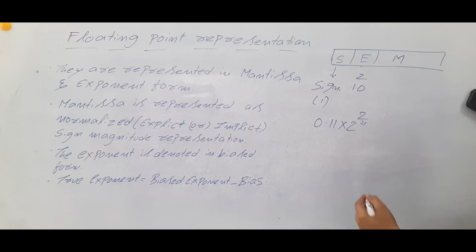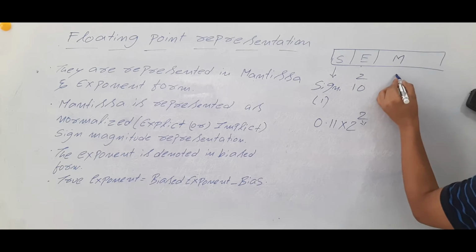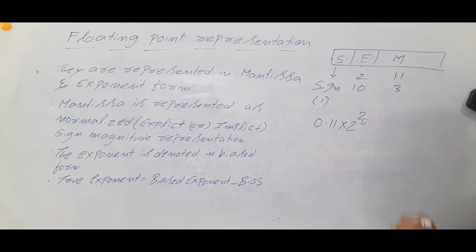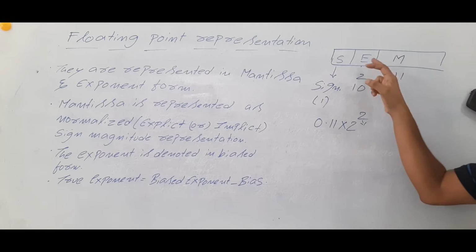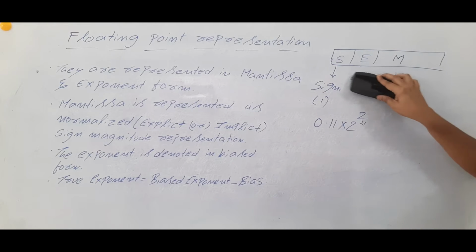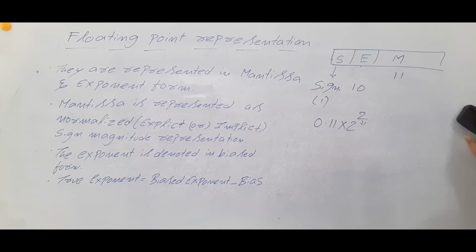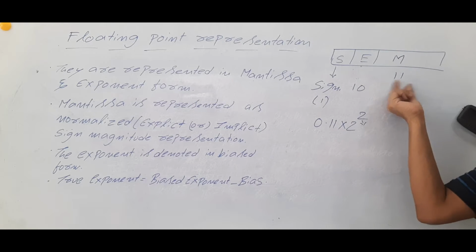And the mantissa is 0.11, so you will represent 1, 1, meaning it is 3. Or you just represent it as 1, 1. Are you able to understand? So we will have a sign bit, an exponent and a mantissa. Because the exponent is 2, I will represent it as 1, 0, and the mantissa is 0 point something, so I will take 1, 1.